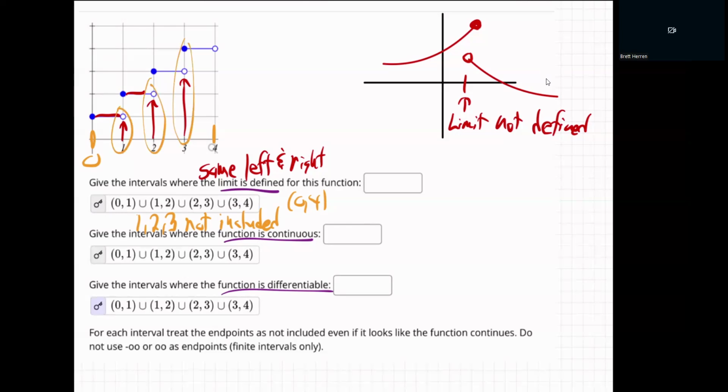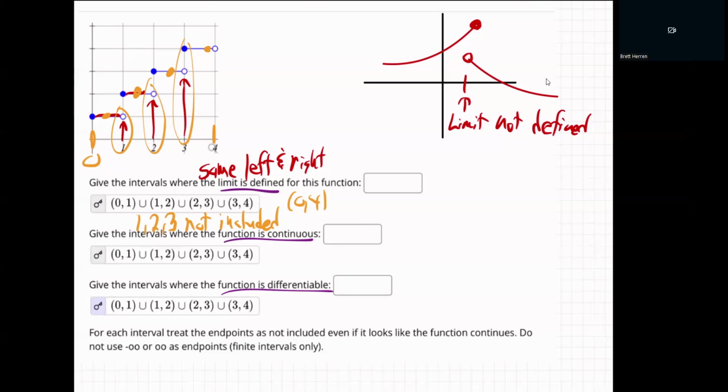Everywhere else is good. Like at 1.5, at 2.5, at half, at 3 3/4, all those places it's meeting up left and right. But right at 1, 2, and 3, it's jumping. It's not the same left and right.